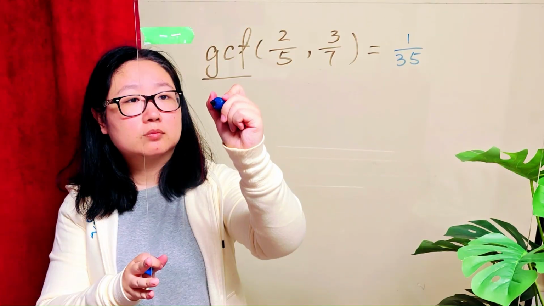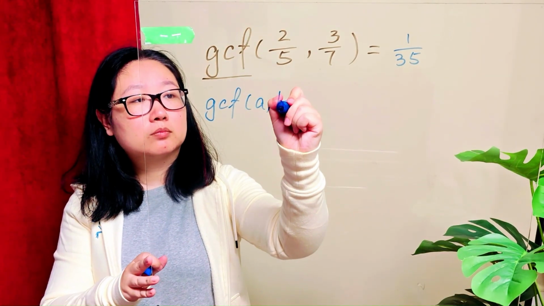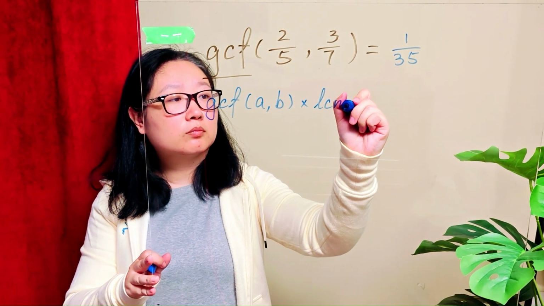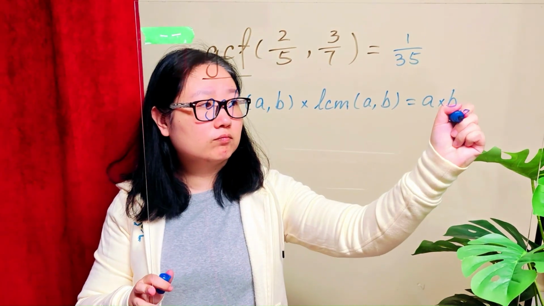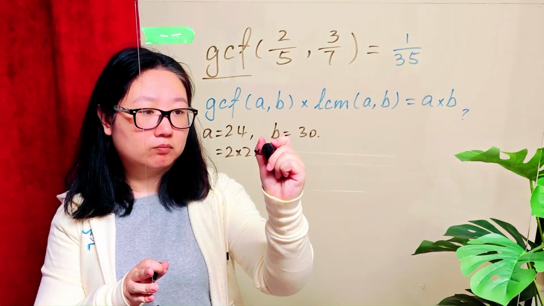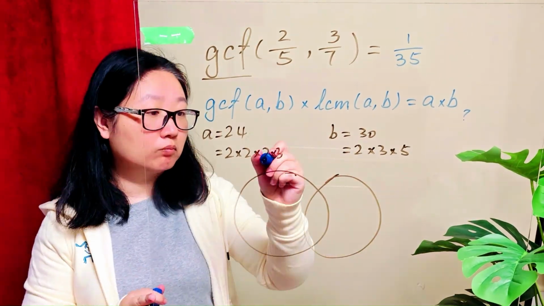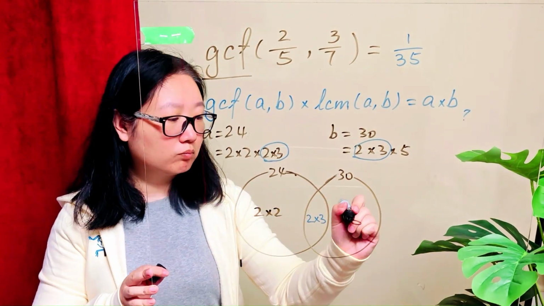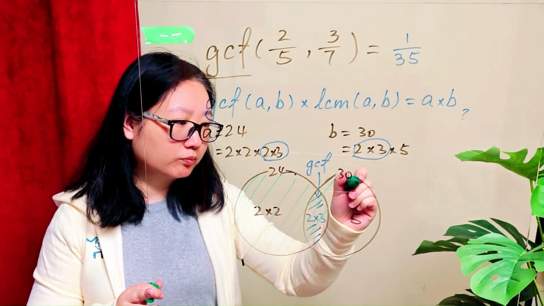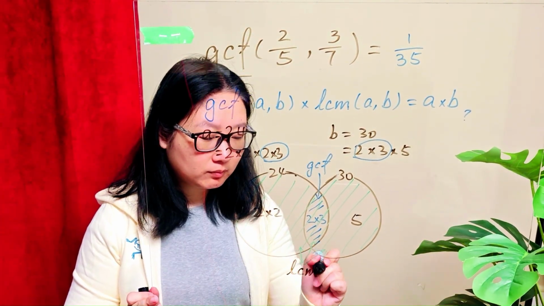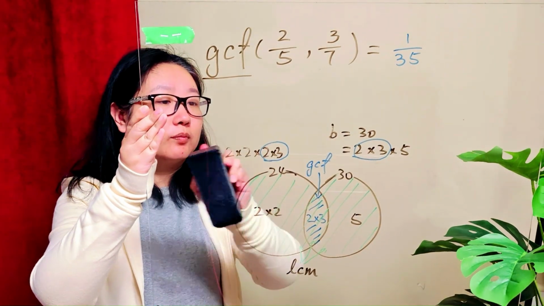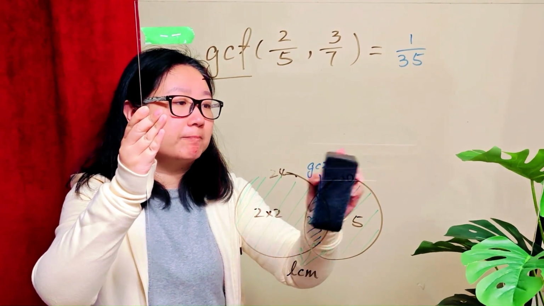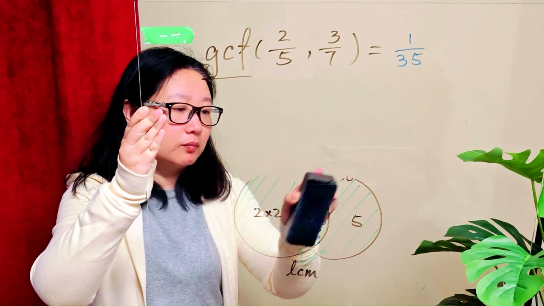There's also the question of whether this formula involving the greatest common factor and the lowest common multiple still works in fraction form. In natural numbers, this is true because of the inclusion-exclusion principle of the prime factors of the two numbers involved. Now in the extended definition, every fraction has infinitely many factors, and we don't have prime numbers anymore.